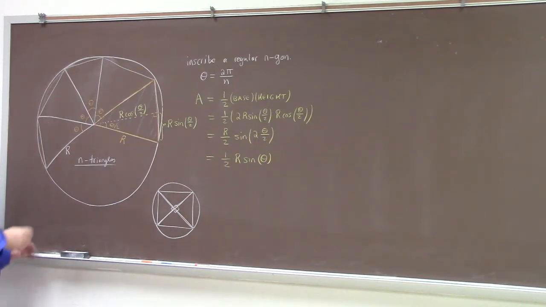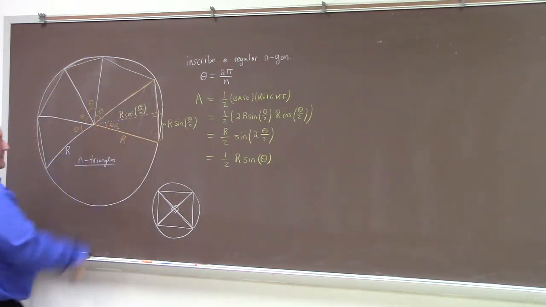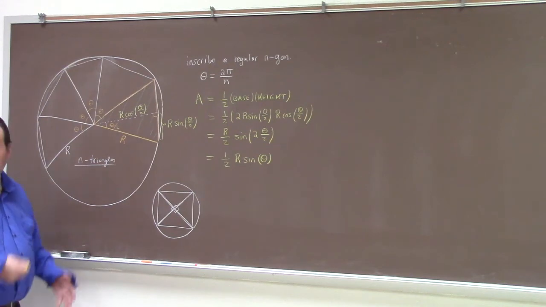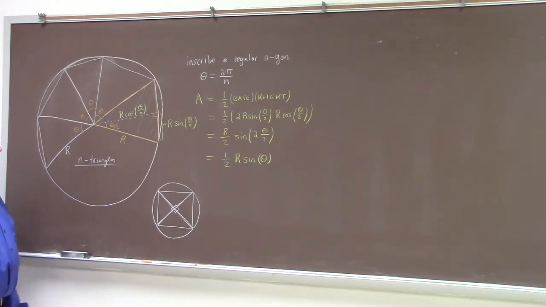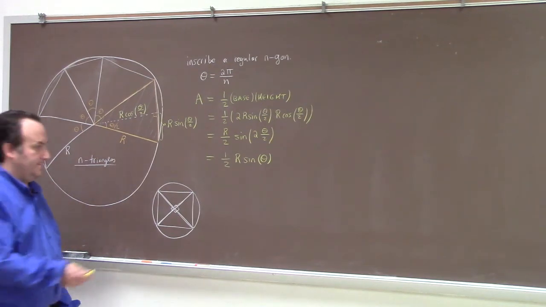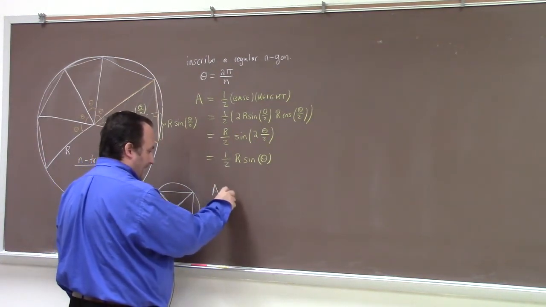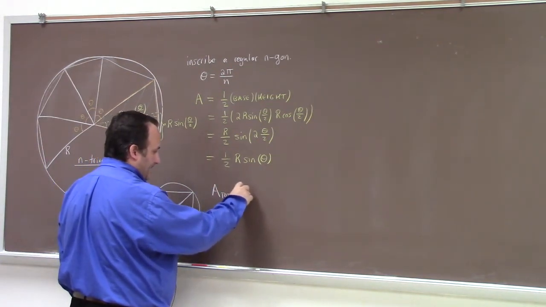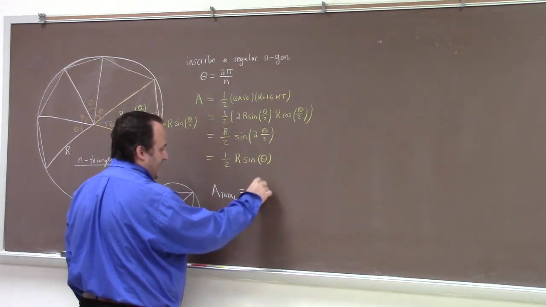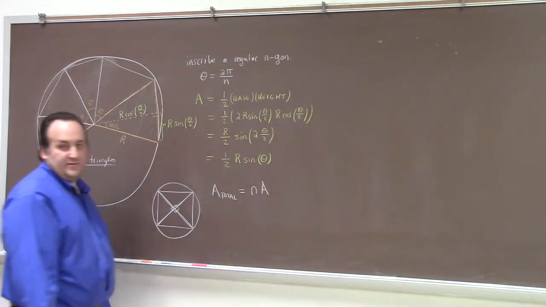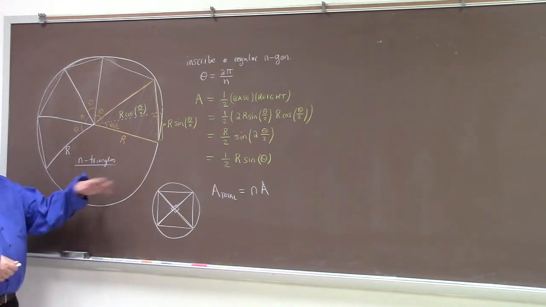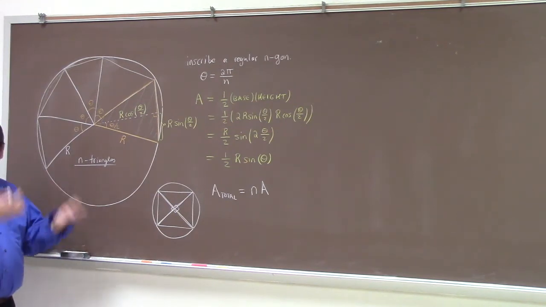That's the area of the particular sub-triangle in the n-gon. What's the total area of the n-gon? It should be n times a, right? There are n triangles, so n times that area gives me the total area of the n-gon.